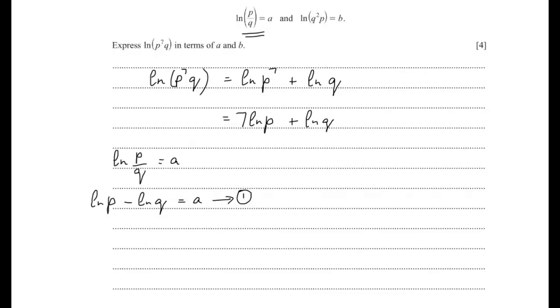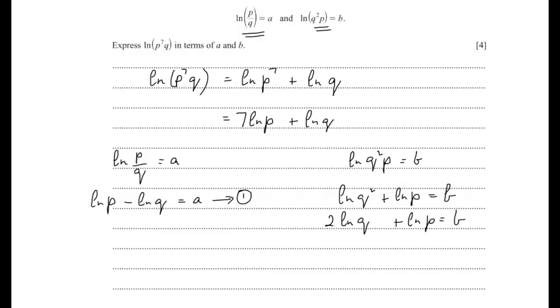The second equation given to us is log of q squared p is equal to b. This is the multiplication rule, so we can split it up into log of q squared plus log of p is equal to b. And the q squared can be written as 2 log q plus log p is equal to b.